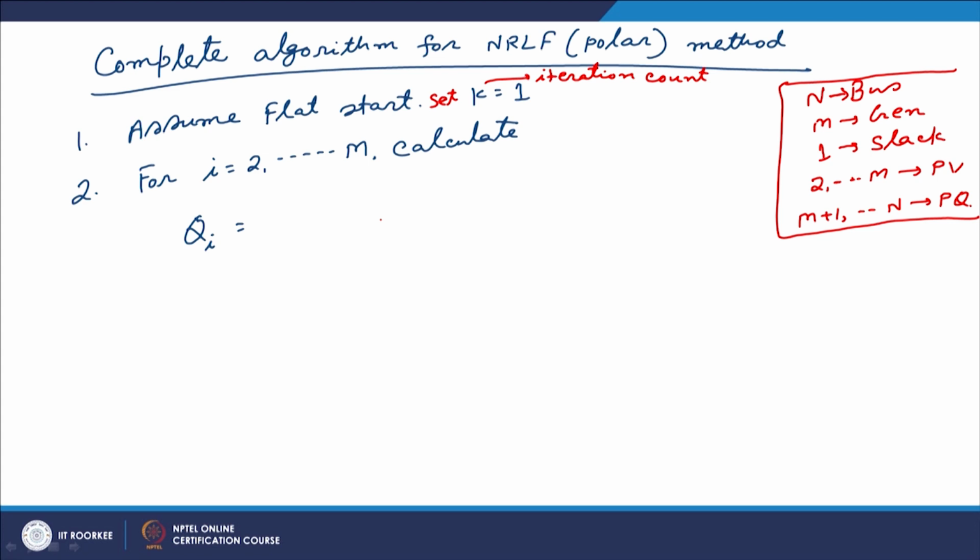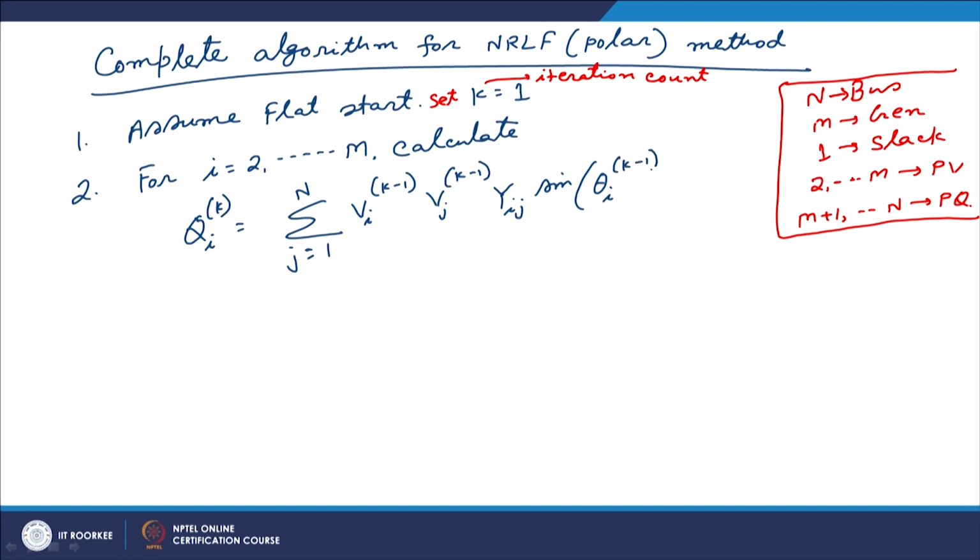So, then we calculate Q i at the kth iteration, the first iteration, as Q i k equals summation over j equal to 1 to n of V i k minus 1, V j k minus 1, y i j, sin of theta i k minus 1 minus theta j k minus 1 minus alpha i j.